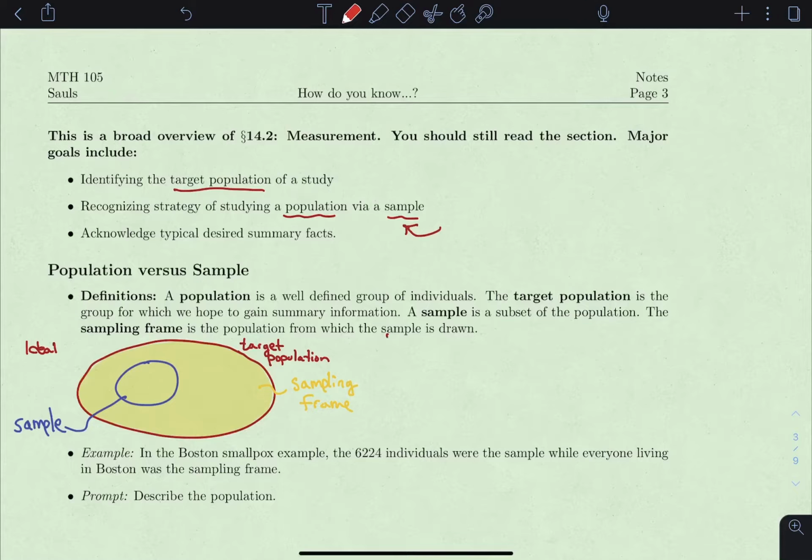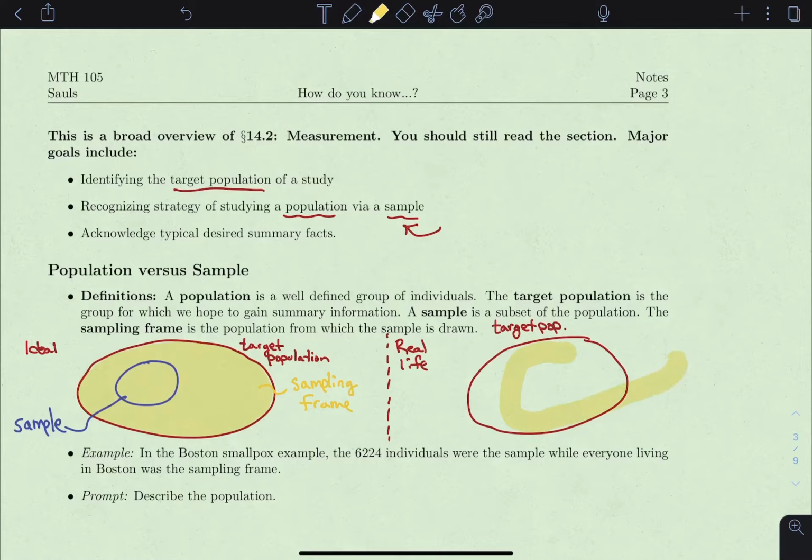Then the possible real life is you have some target population, and your target population includes members of the sampling frame, but the sampling frame might go outside of the target population.